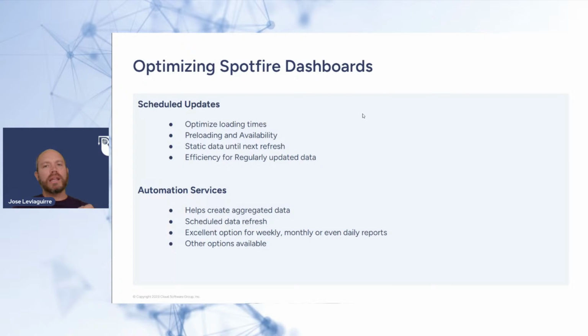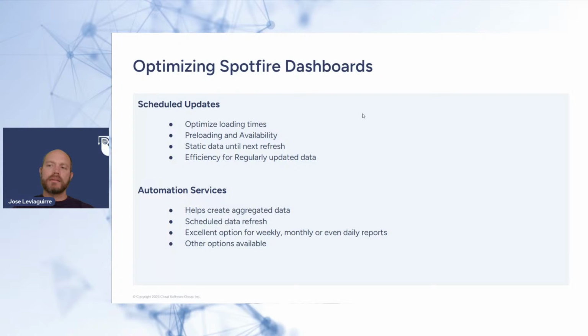You can either do that pre-aggregation on the database, but if not, you can use automation services by creating a task. You will typically export the data into the library, and then that data is already pre-aggregated for a specific visualization, and then you create another dashboard that consumes that pre-aggregated data.